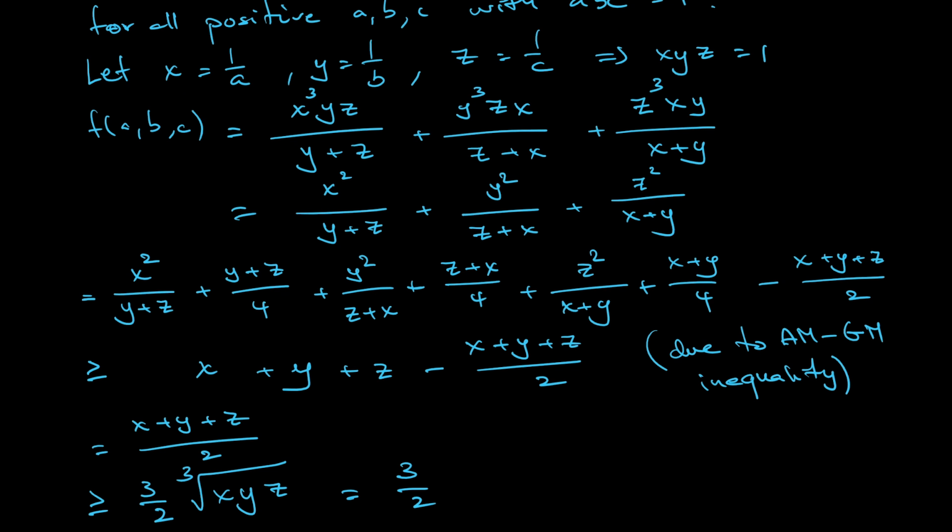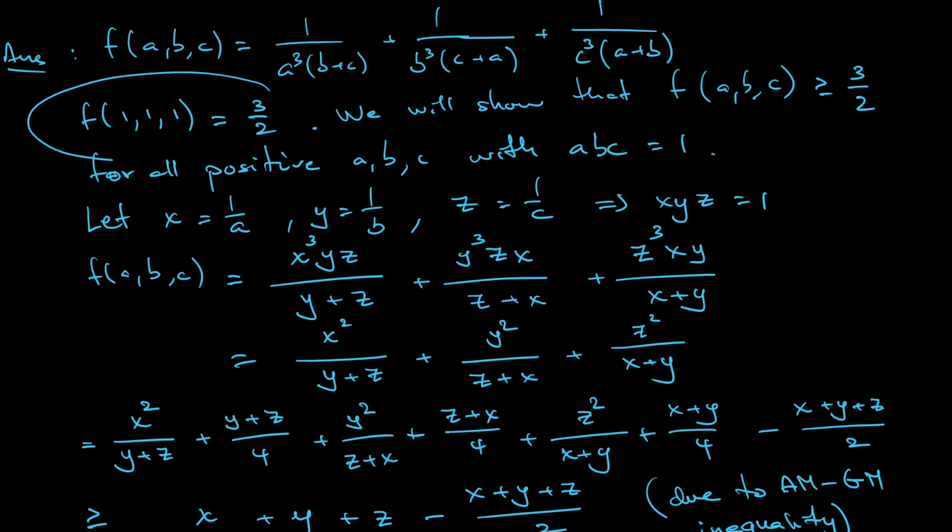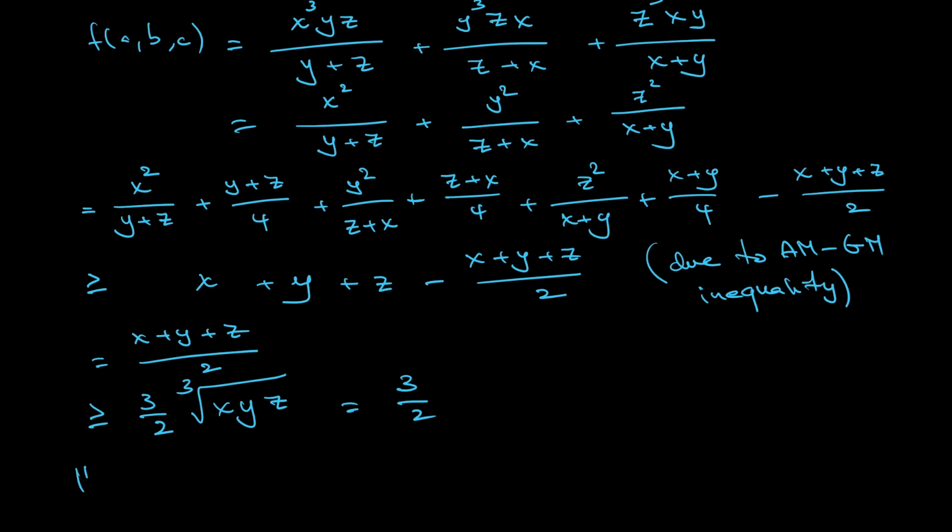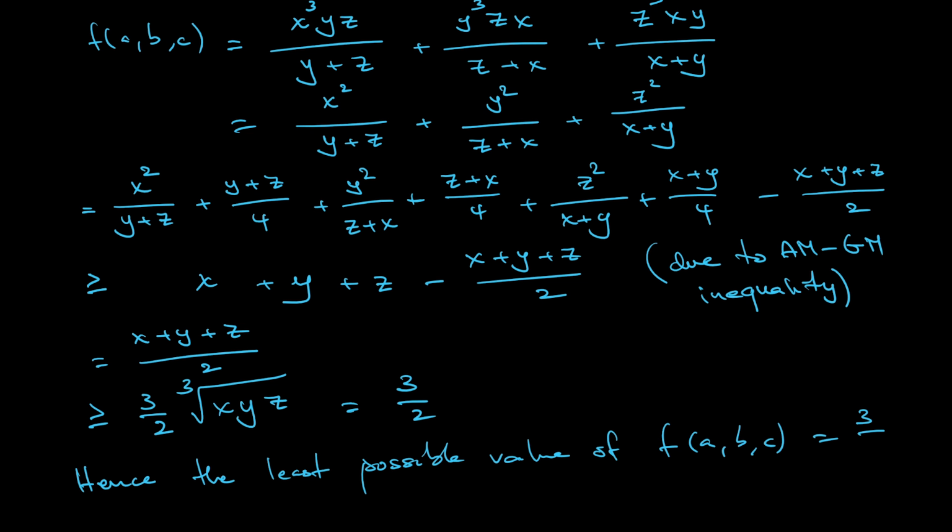And we know that 3 over 2 is actually attainable when a, b, and c are all equal to 1. So that means, hence, the least possible value of f(a, b, c) is basically 3 over 2.